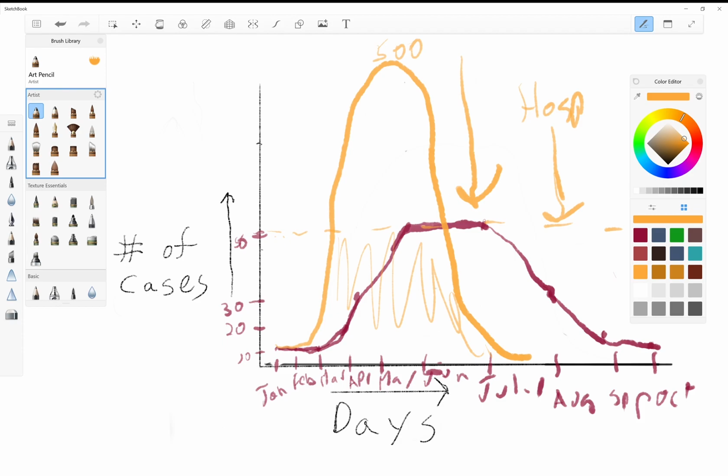I'm making these numbers up just for the sake of the example here. But this line that represents our hospital infrastructure changes depending on your locality. So New York has more hospitals maybe than a small town in South Dakota. However, New York also has a lot more people.